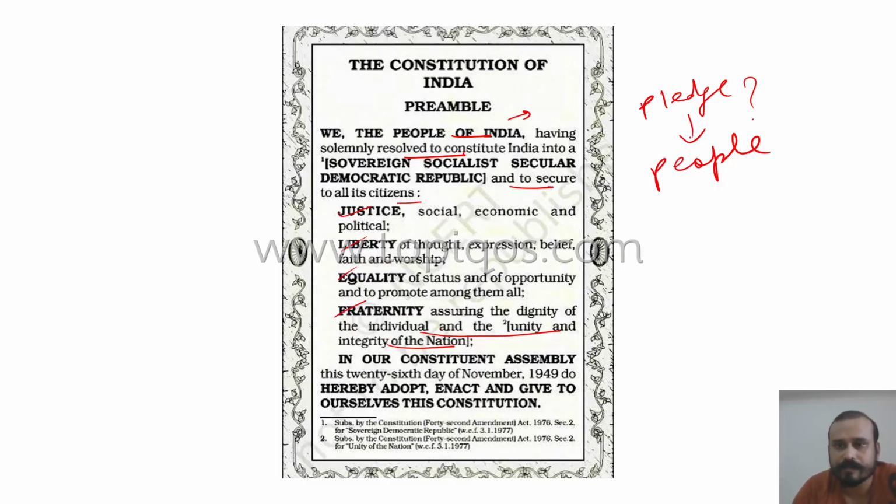So we have made a pledge that we will secure for all citizens justice. So isn't it a form of fundamental duty? Implicitly it's a fundamental duty. Many of the fundamental duties are already implicitly present in the preamble. So in 1976, by the 42nd Constitutional Amendment Act, fundamental duties were added.